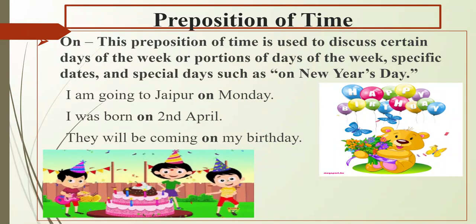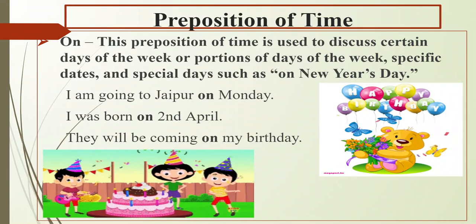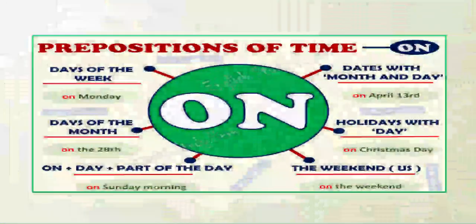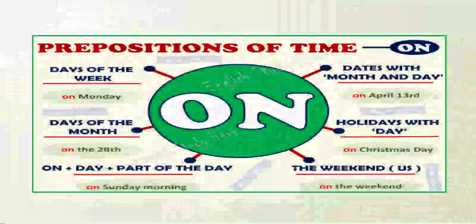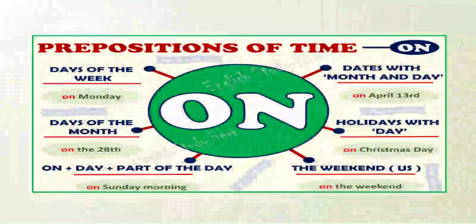So these rules you need to understand, where to use in, on, and so on. Here is a flow chart. Please, it's for your better understanding. Please pause the video and go through them.